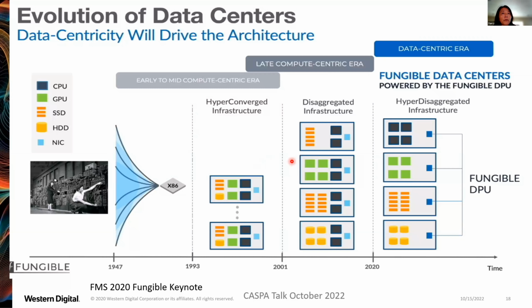That means I'm going to separate things: lump the CPU and GPU together, and lump the flash and HDD together. This is a more dynamically configurable infrastructure for the data center, especially when you have lots of dynamic load at different times, with different applications running at different workloads and intensities. So you can configure very easily.